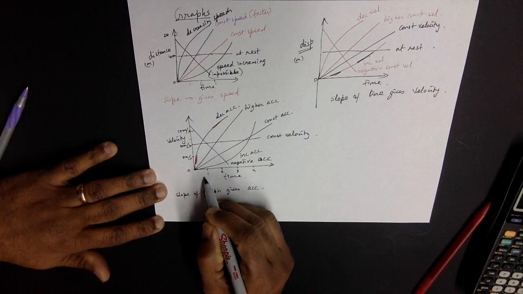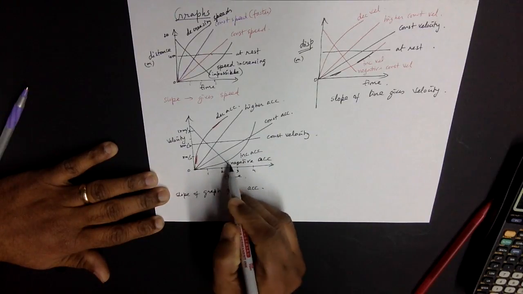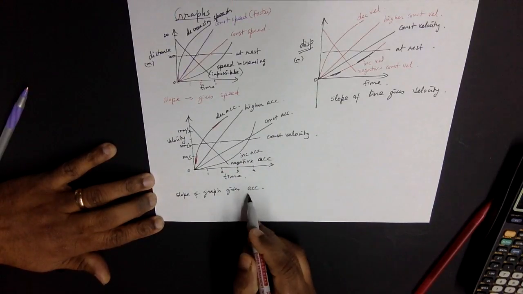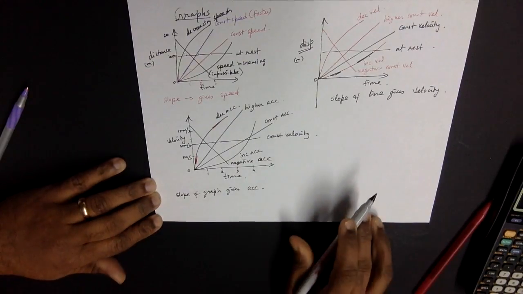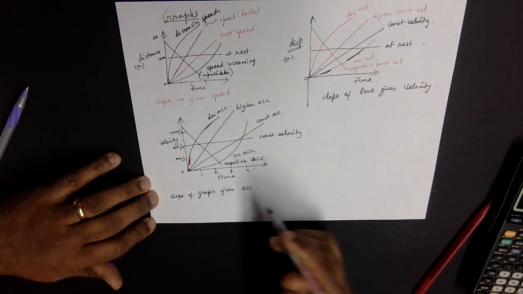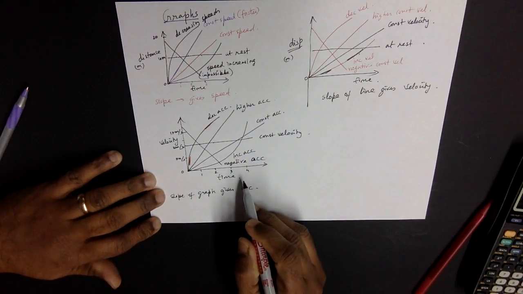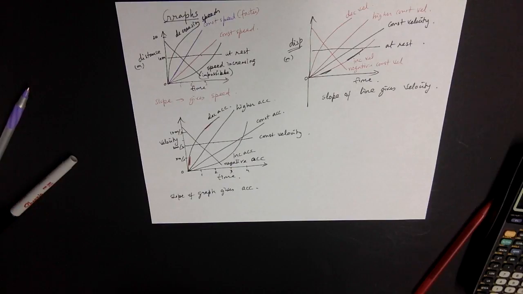And according to the equation for acceleration, final velocity minus initial velocity over time, you can see clearly it is a negative acceleration. So hope this graph kind of explains to you what exactly is happening. So you should be able to plot a graph for any situation.